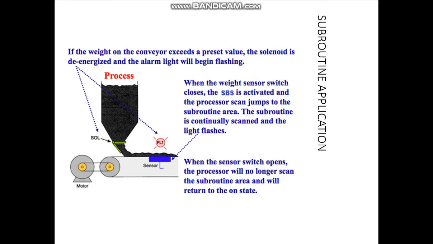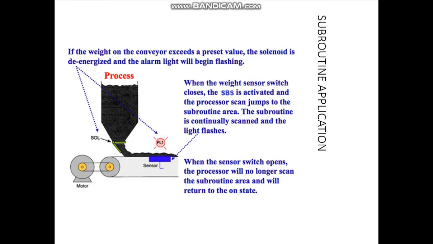Now, let's see one example of how a subroutine is applied in an automation process. Say, for example, that you want this pilot light to continuously flash whenever there is some material on the conveyor.